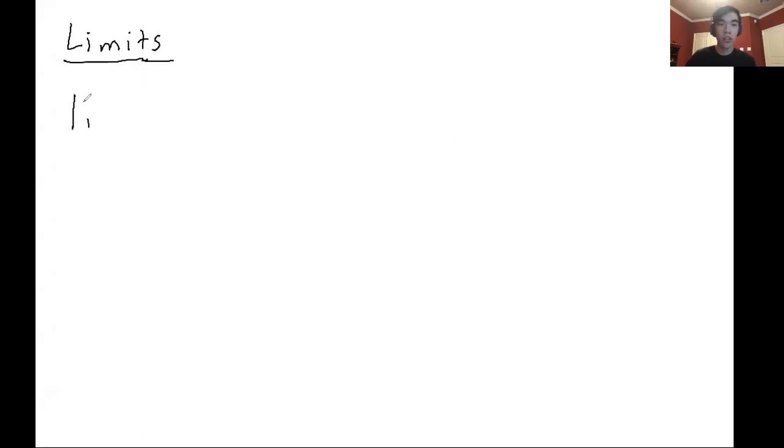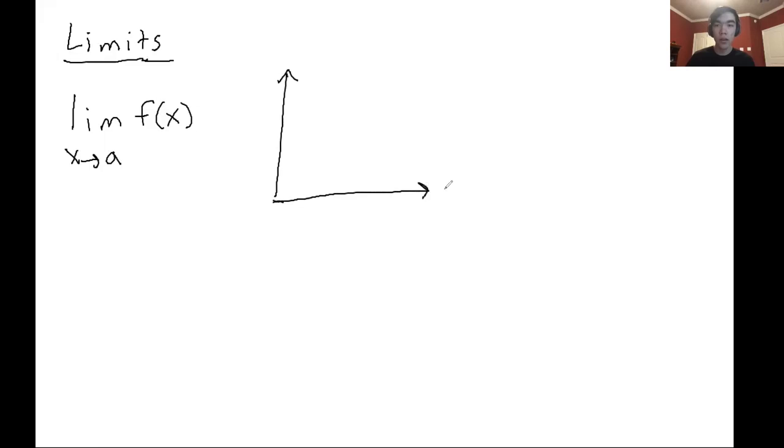So the notation you use in a limit is you do something like this. What this notation means is you're looking at a function f of x, and you have an x value of a.